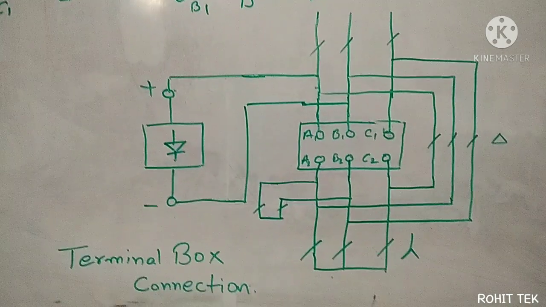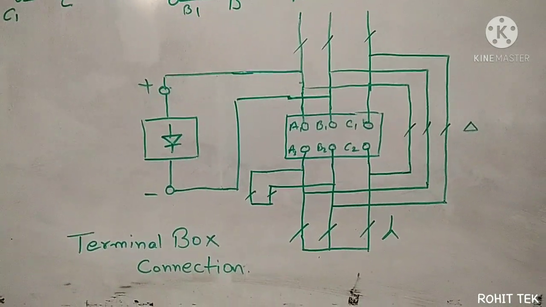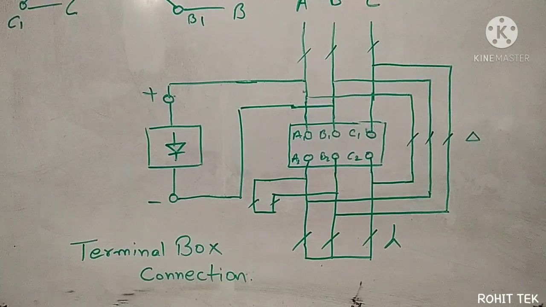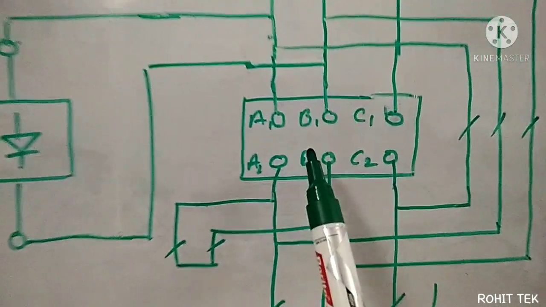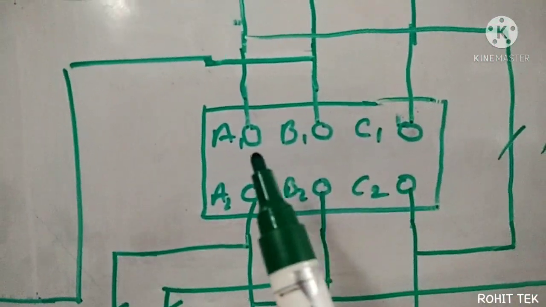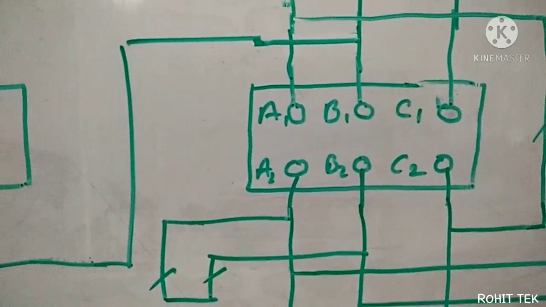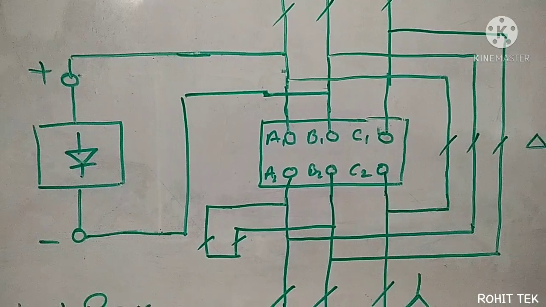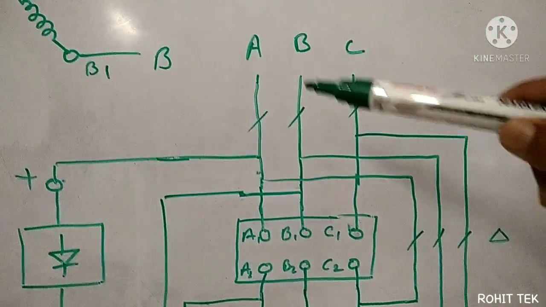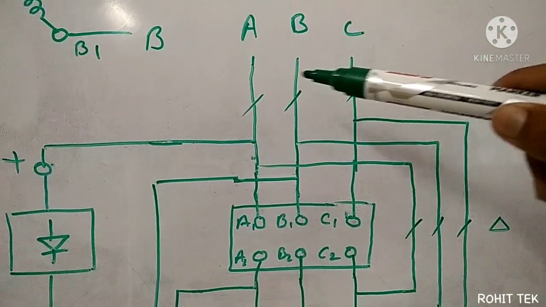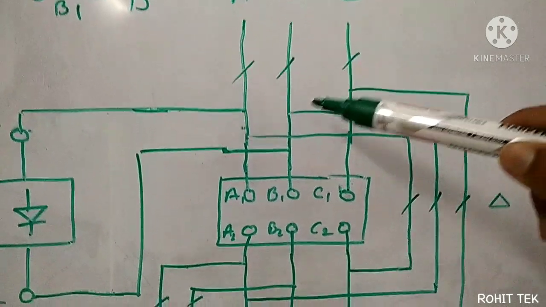And see here, this is the terminal box connection. This is the motor's terminal box. I've named the terminals A1, B1, C1, A2, B2, C2. Okay, I've made the connections. The phases are coming, A phase, B phase, C phase.